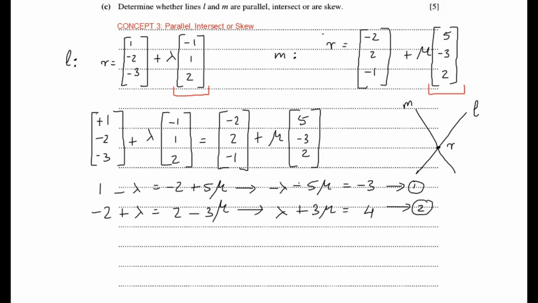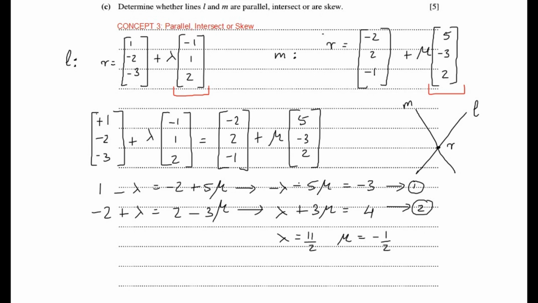I'm writing it in this form, lambda plus mu and so on, so that I can plug it easily into my calculator. So I'm just going to do that now. My calculator tells me that the value of lambda is 11 by 2 and that of mu is negative 1 by 2.